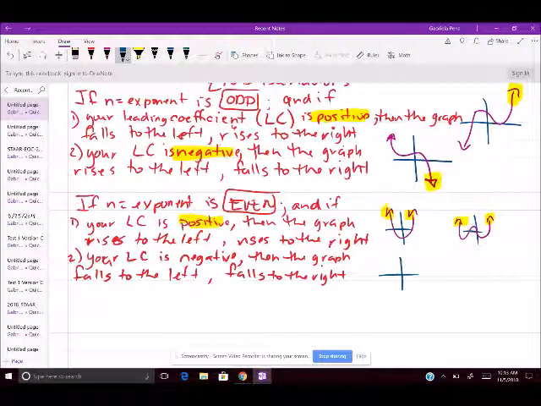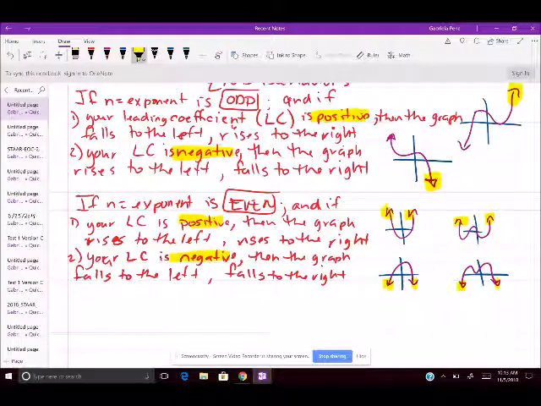So when we're talking about that, we're talking about a negative parabola, negative quadratic, so they both go down. So if it's negative, it goes down. Are we okay with that so far?